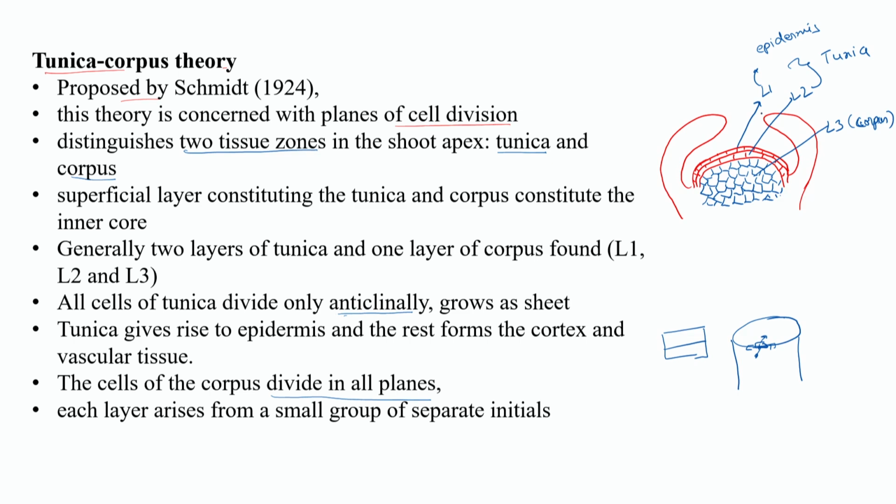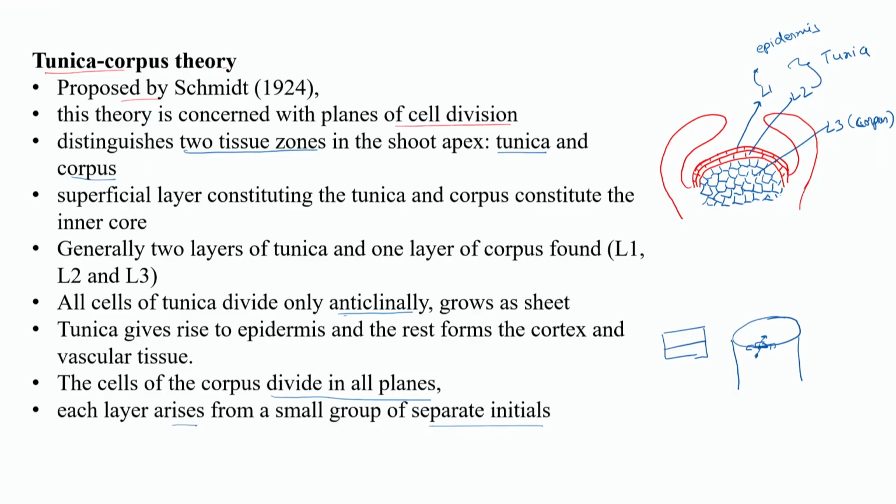Each layer will arise from a separate initial, meaning every layer has its own separate group of cells which gives rise to that layer, in contrast to the apical cell theory where only one cell was giving rise to everything. In multicellular conditions, like in histogen theory, these zones also have their own separate initials.